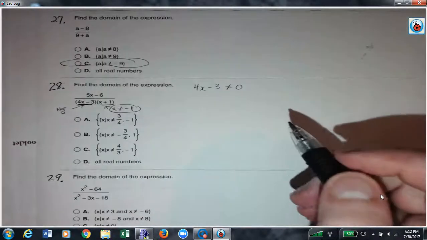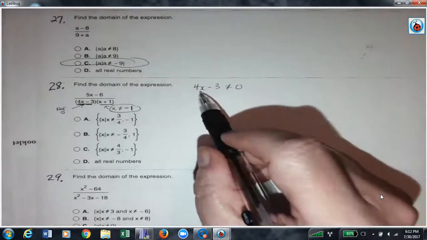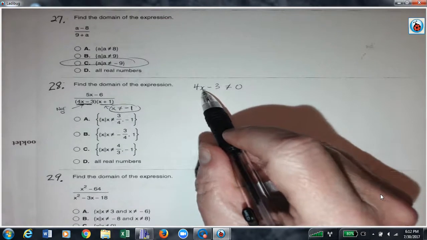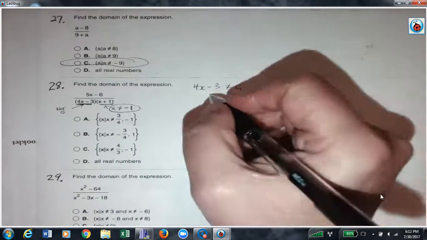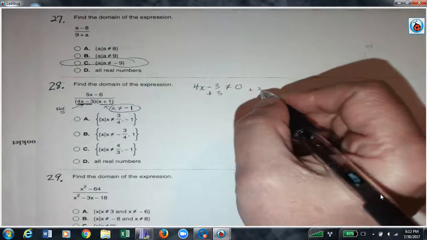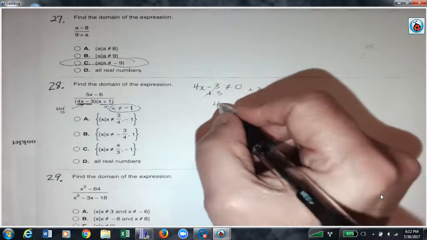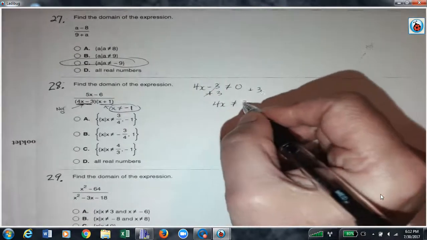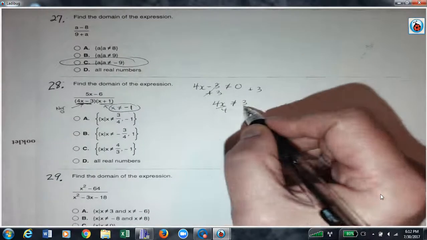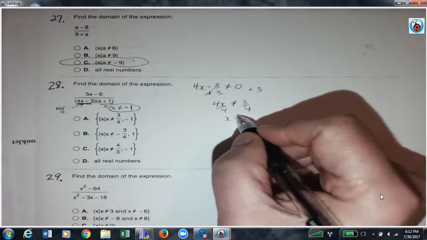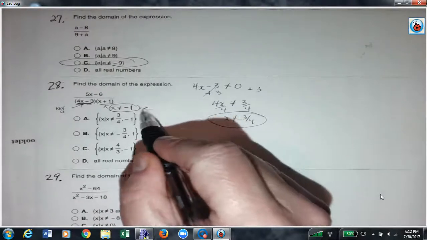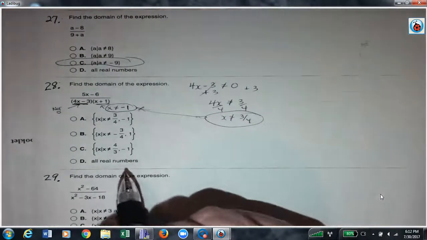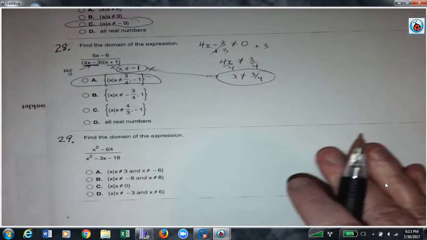We can't have -1. But this says 4x minus 3 is not allowed to be 0. What is x not allowed to be? We'll add 3 to both sides. And so we get 4x is not allowed to be 3. And then divide 4 from both sides, and we get x is not allowed to be 3/4. So I have these two conditions together. And there we go. So my answer is A.